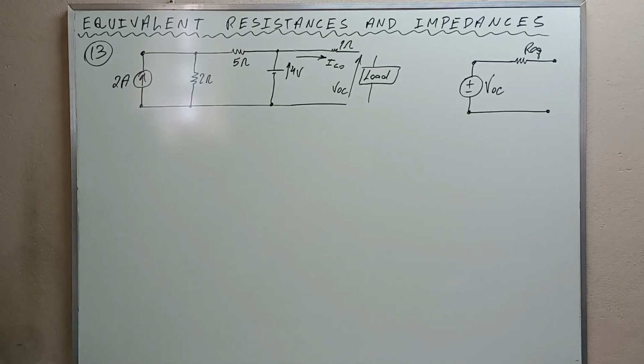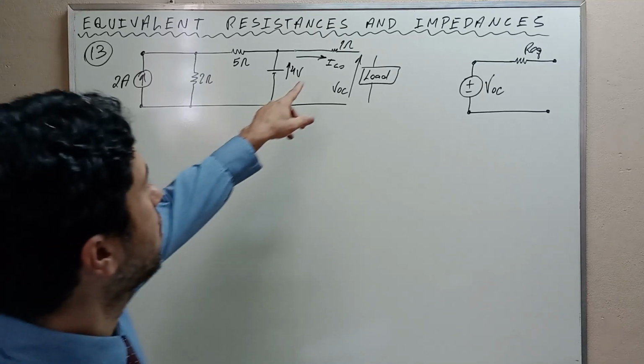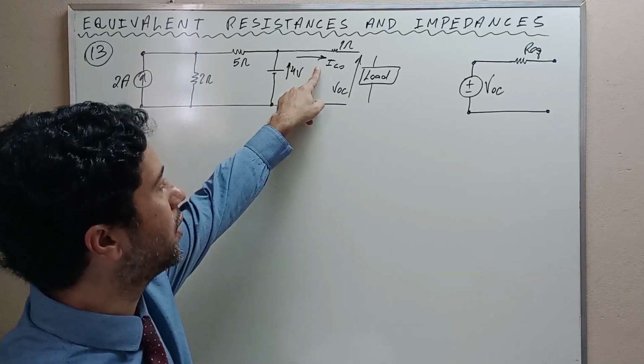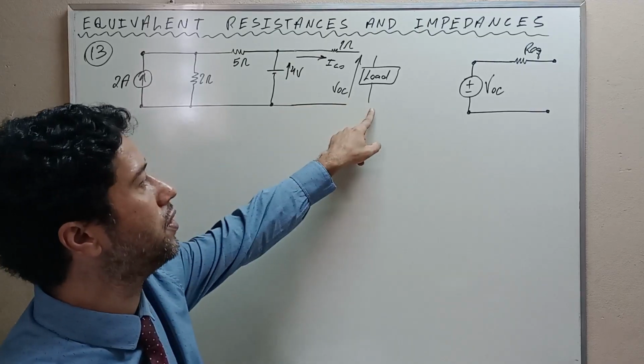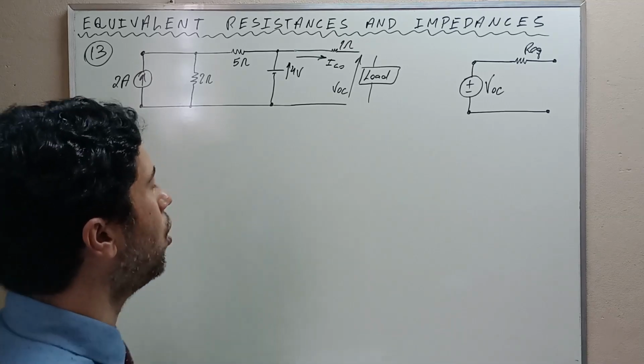Observe that as the output current is 0 for the circuit is open, there is no voltage drop across the 1 ohm resistor, this current here is 0, for the circuit is open.